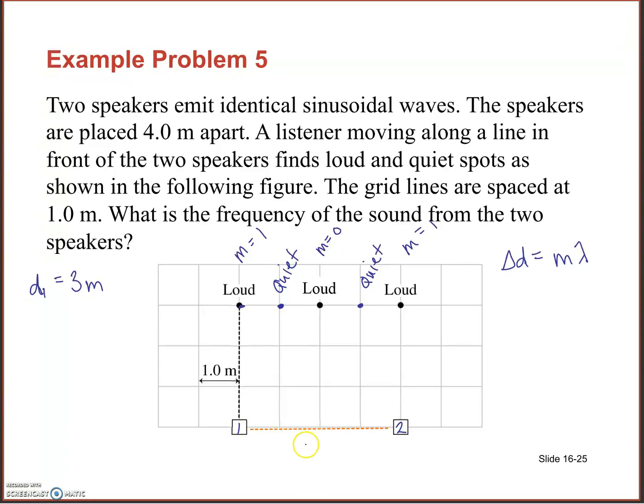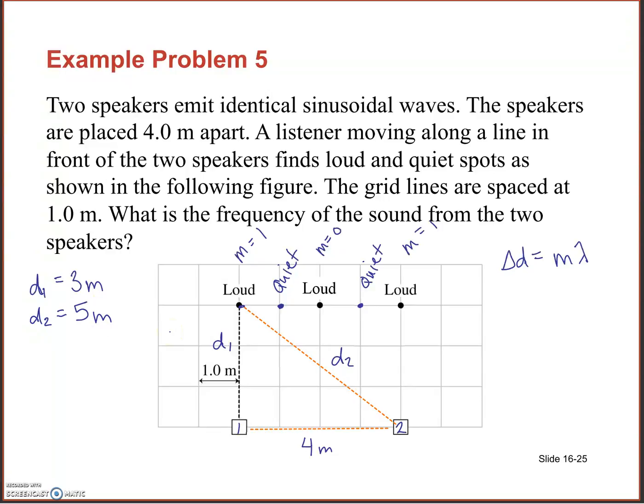So here's 4 meters. If this is a 3, 4, guess what the hypotenuse is going to be? You remember your trig? I hope so. So here's D2, here's D1. This is a 3, 4, 5 triangle. That's 5 meters right there.